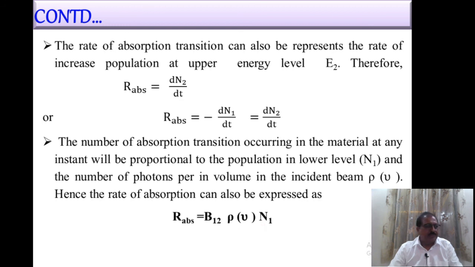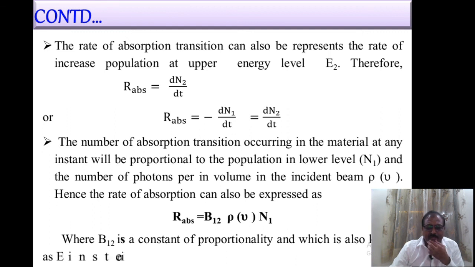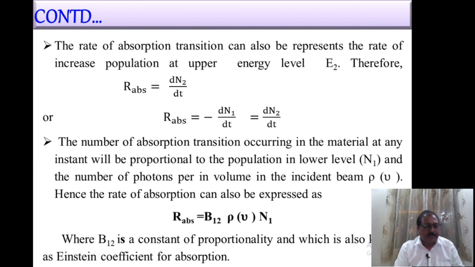So B12 is the constant of proportionality, also known as the Einstein coefficient for absorption. It represents the probability of transition from state E1 to E2.